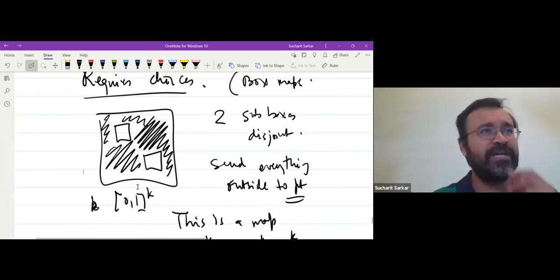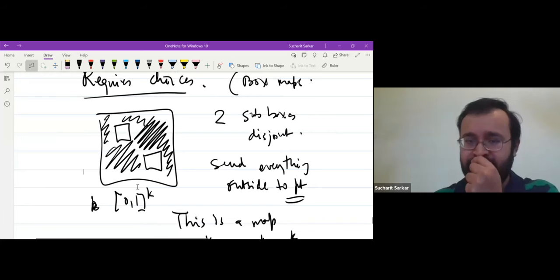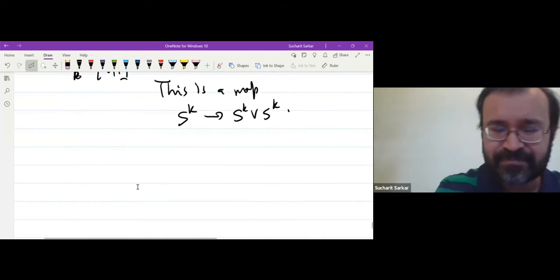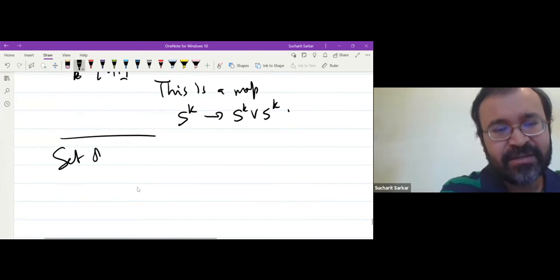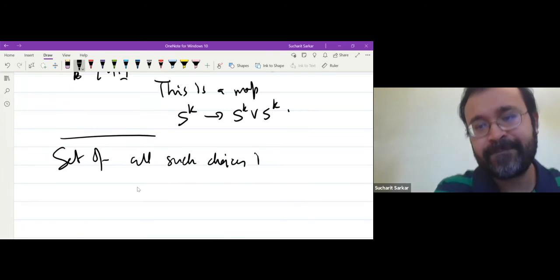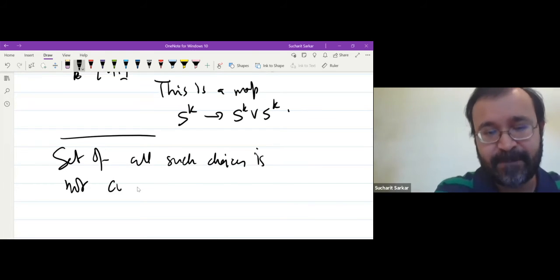But this space of choices actually is not contractible. So now we are getting into serious territory. The set of all such choices is not contractible.